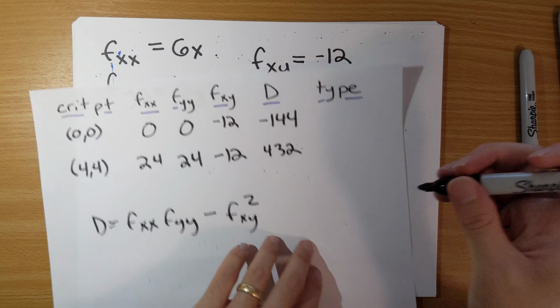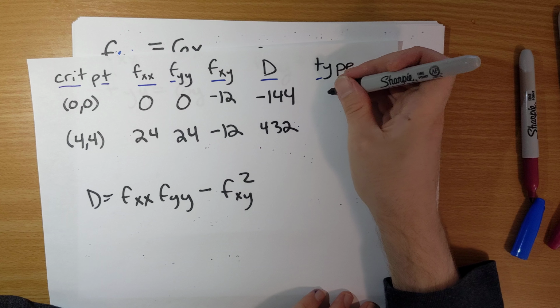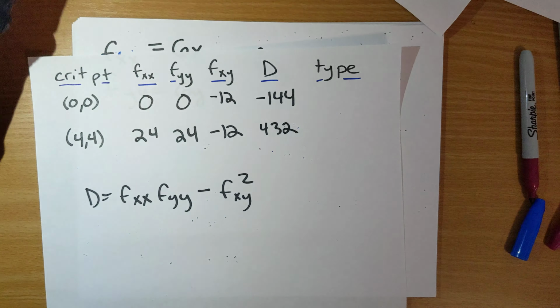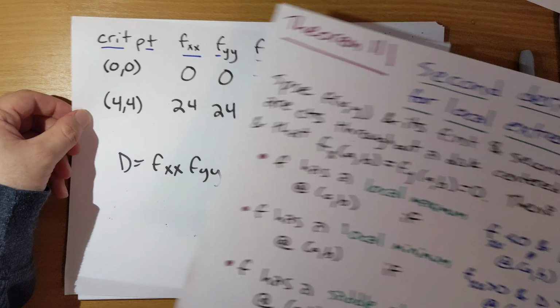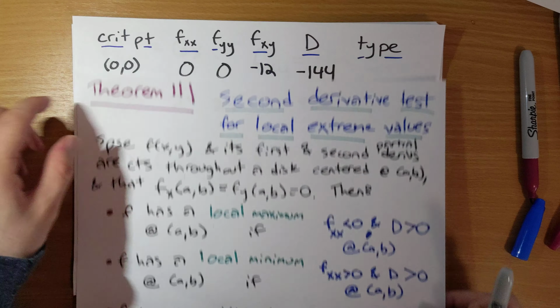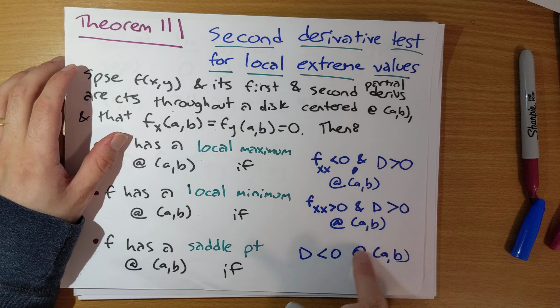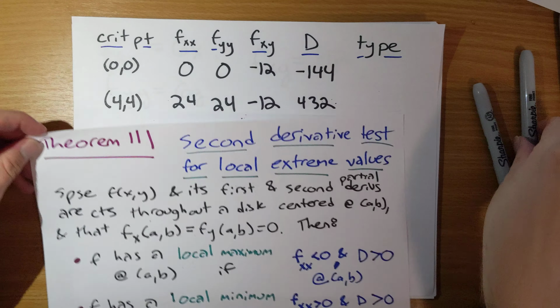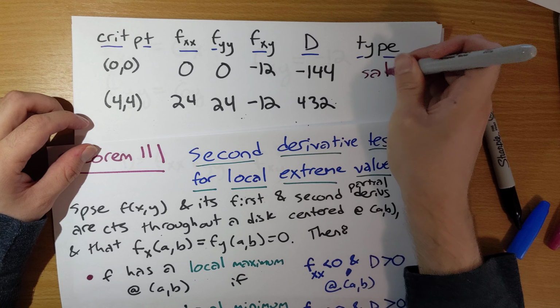So what are the types? Where did my second derivative test go? Right here. So in the first case, D is negative, and so that is a saddle point.